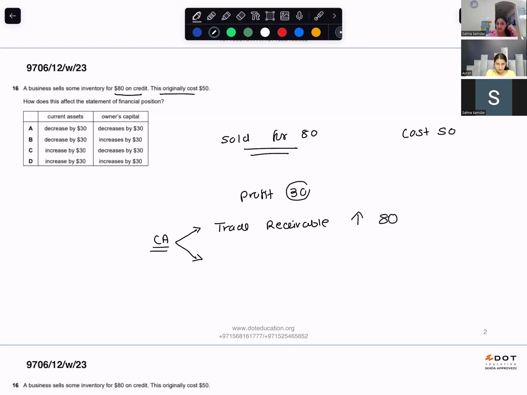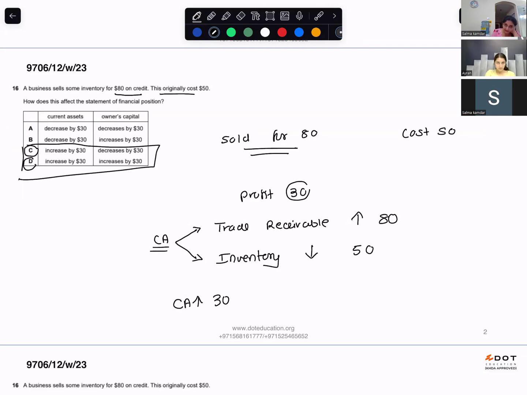Give me proper thinking lines. Yeah, 80. Inventory will go down by 50. So in short, the current assets will increase by 30. So it could be C or D.